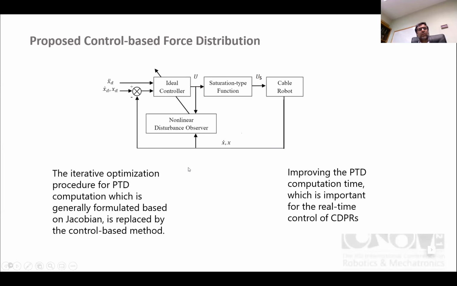If I want to summarize the advantages of the proposed control-based force distribution introduced in this presentation, I should say that the iterative optimization procedure for PTD computation, which is generally formulated based on the Jacobian, is replaced by the control-based method.